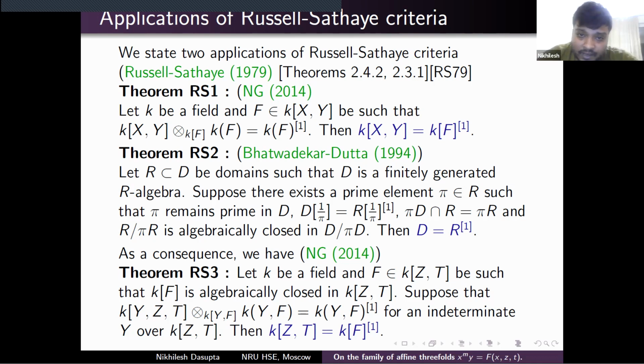Let K be a field, F in K[X,Y] such that if you tensor over K[F] with K(F), you get K(F)[1], then F is a variable.